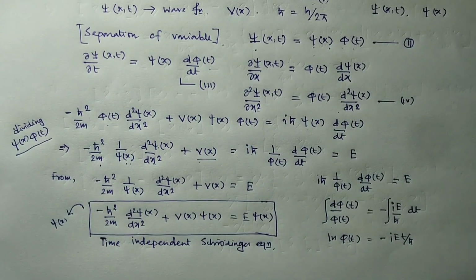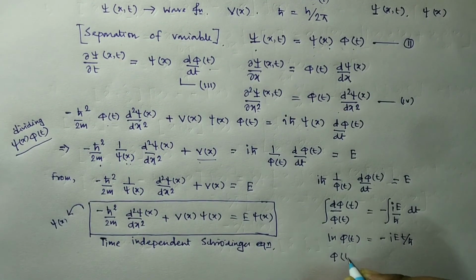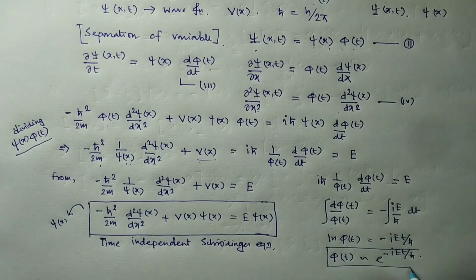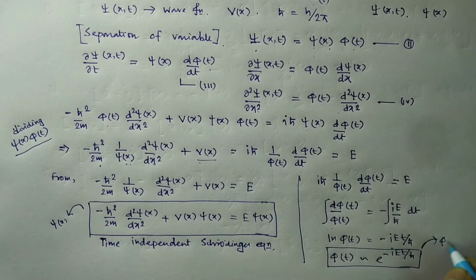From here we obtain that φ(t) goes like e to the power −iEt/ħ, multiplied by some constant. This part of the equation gives us φ(t).